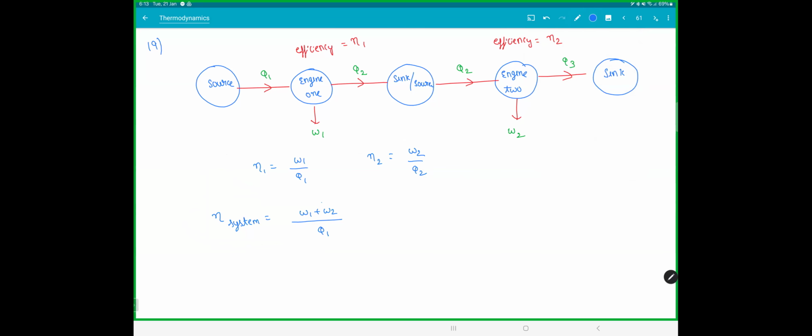Eta 1 minus eta 2 is not coming, that is wrong. The final answer, right? It gives you a nice pattern actually. I'll show you then what happens with 3 engines. I'll show you the pattern. Try.